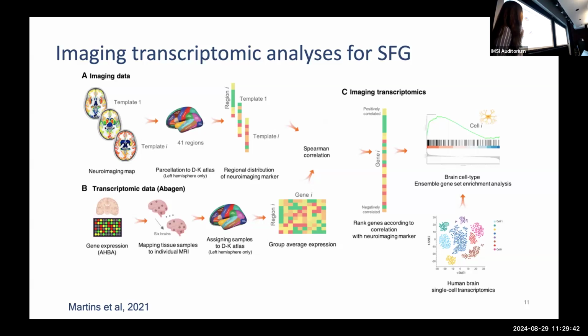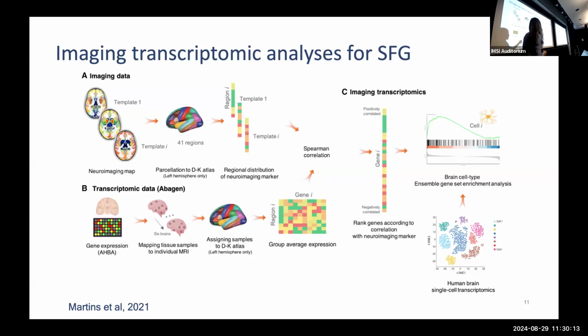We finally move on to consider again some validation. Given that MRI is non-invasive, if we want to do this validation, we do some imaging transcriptomic analysis to validate our result. This is a pipeline showing how this procedure works. After we obtain some results and use, say, the Allen brain atlas, for different brain regions we can also obtain the tissue for each brain region.